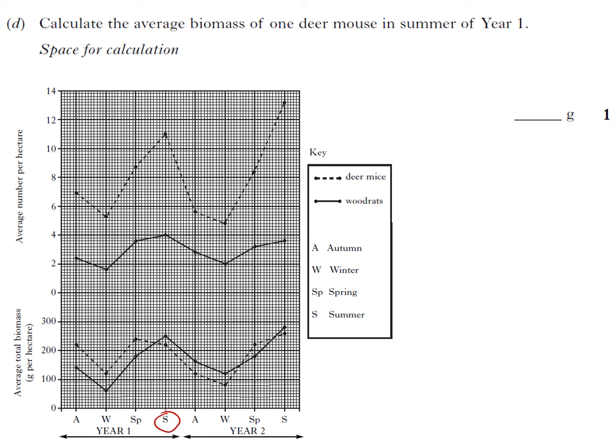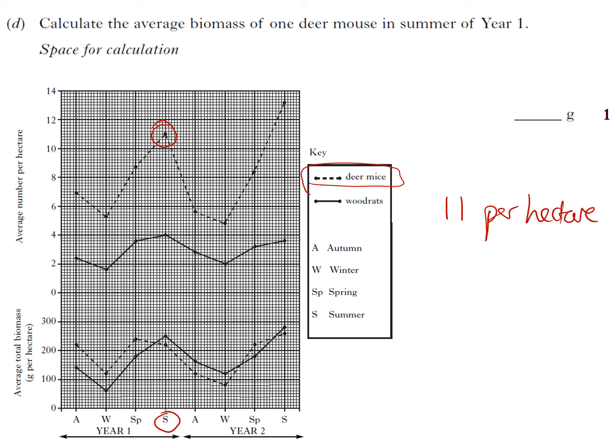And what we have is the number, now remember we're looking at deer mice this time, so the number of deer mice I have. So I have, on average, trying to count this up, 0.2, 0.4, 0.6, 0.8 and 1. So on average I have 11 per hectare.